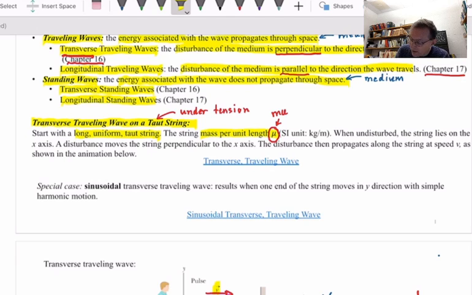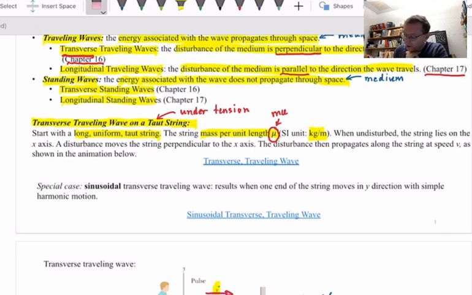Note the SI unit would be kilogram per meter. You'll also hear that quantity called linear mass density. Mass per unit length, mu. How much mass in kilograms does every meter of the string have?